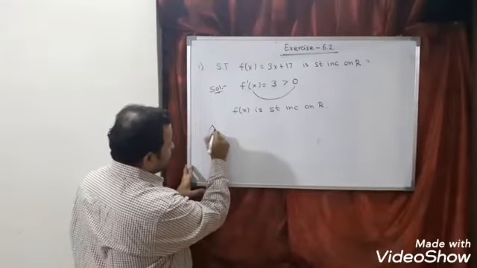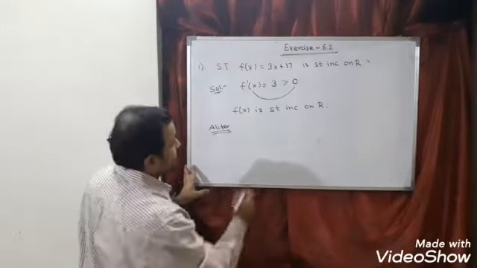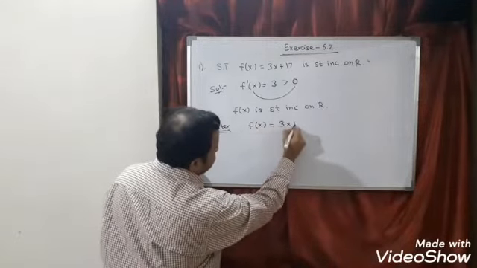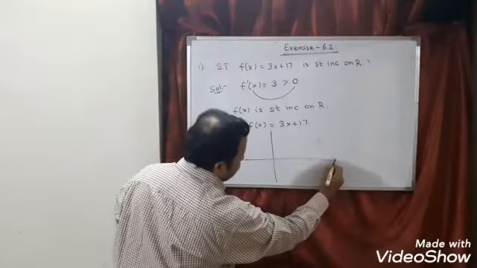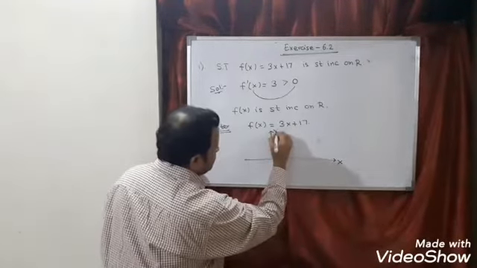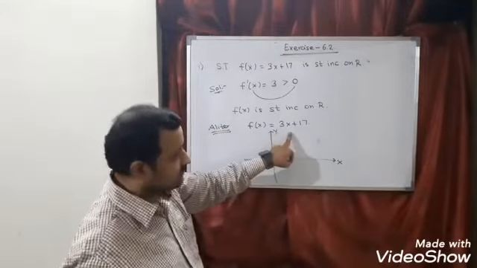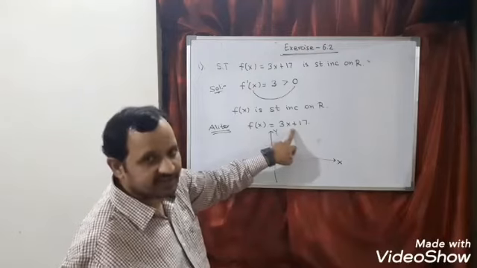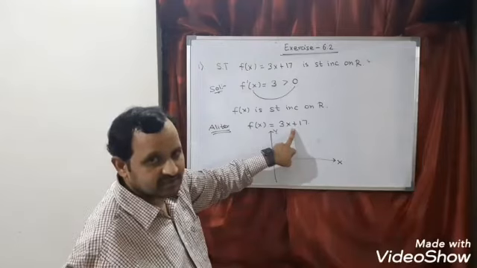One more method I can give you is the graphical method. See here, f of x is 3x plus 17, right? This is the x-axis, this is the y-axis. What is the degree of x here? 1. 1 means what? Linear expression. So the graph of a linear expression will be a straight line, yes or no?